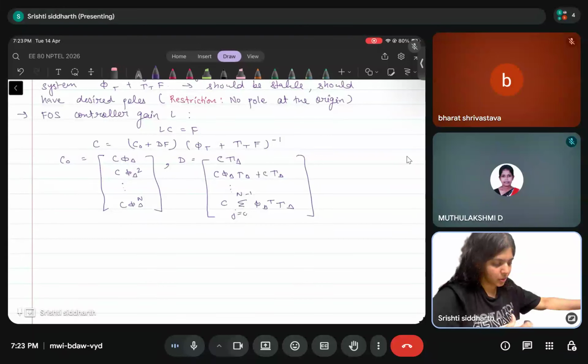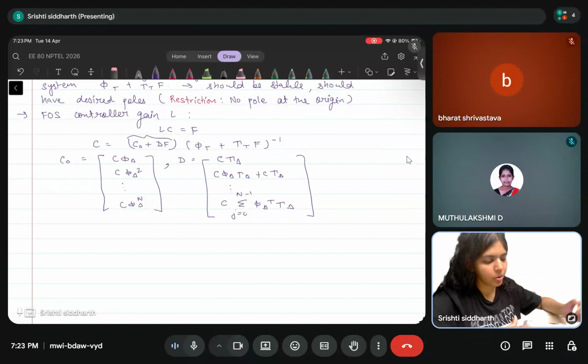This is C and C0 and D. Then we can calculate this first term. And we already know the closed loop system matrix phi T plus gamma T F. So once we have C, we can find L.